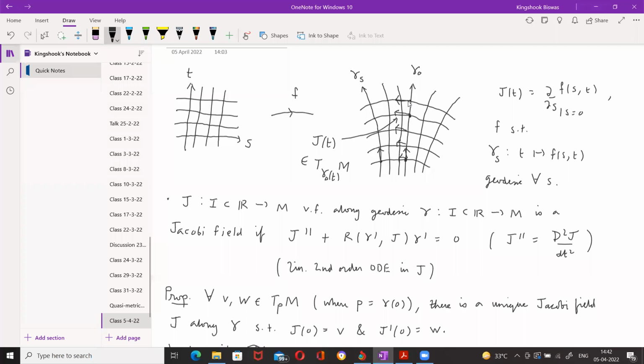So you think of j as giving you an infinitesimal strip, an infinitesimal parametrized surface where s is infinitesimally close to 0. Okay, so that is what j is. It's giving you an infinitesimally thin strip.